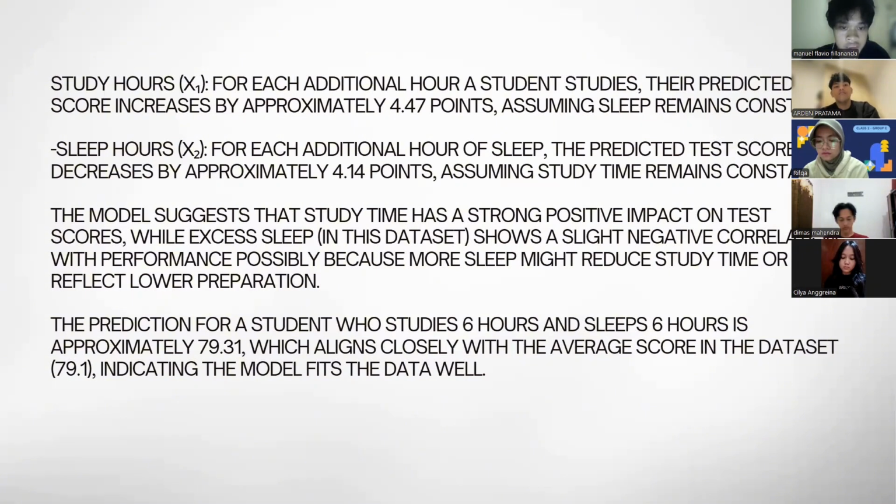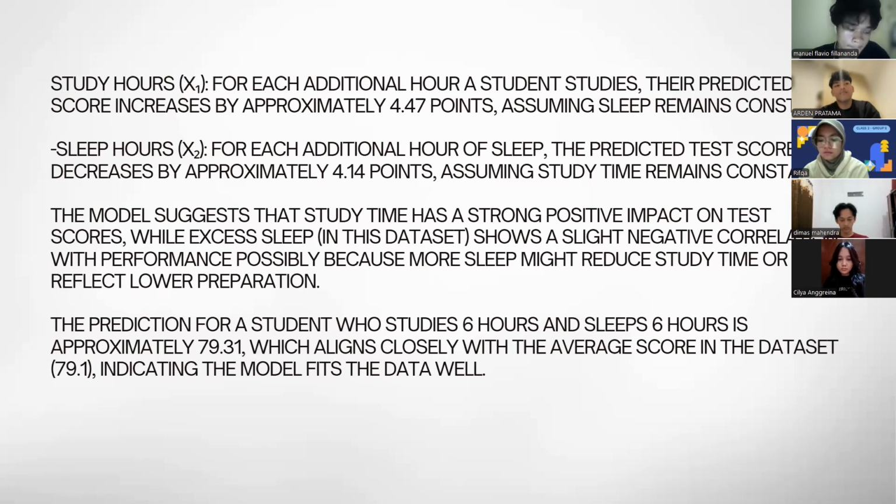The model suggests that study time has a strong positive impact on test score, while excess sleep in this dataset shows a slight negative correlation with performance, possibly because more sleep might reduce study time or reflect lower preparation. The prediction for a student who studies 6 hours and sleeps 6 hours is approximately 79.31, which aligns closely with the average score in the dataset, 79.1, indicating the model fits the data.